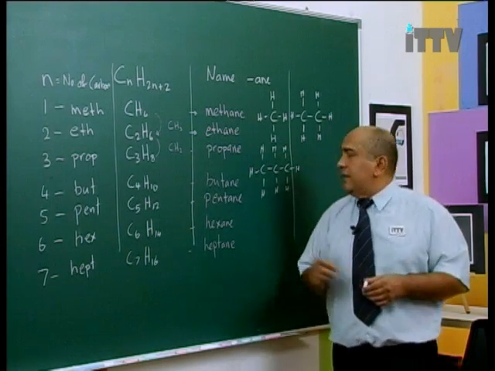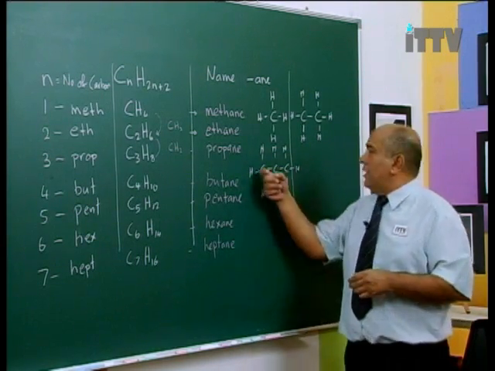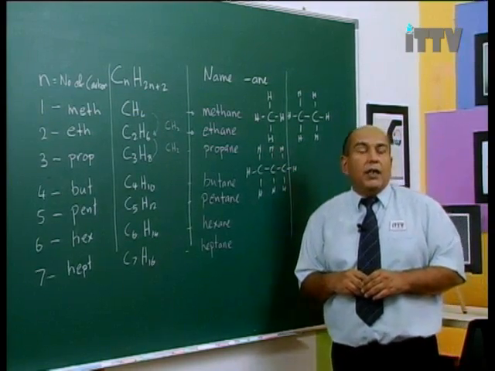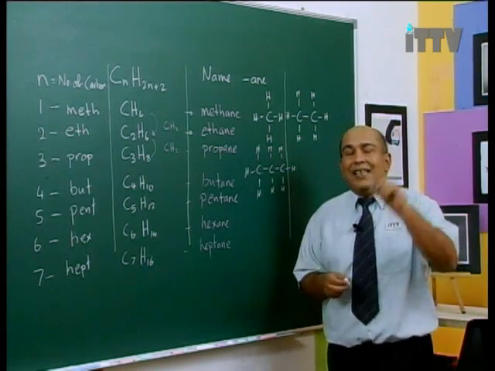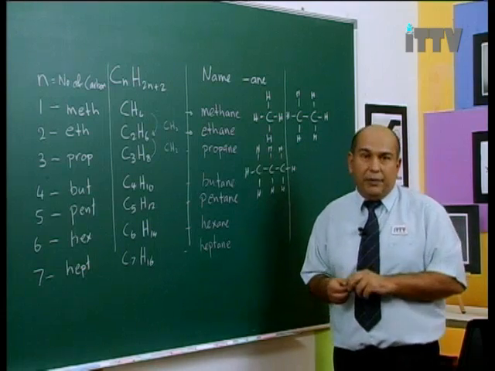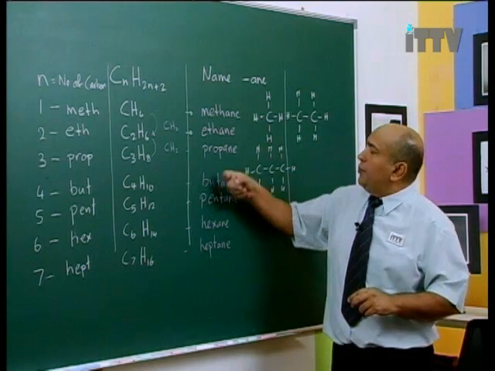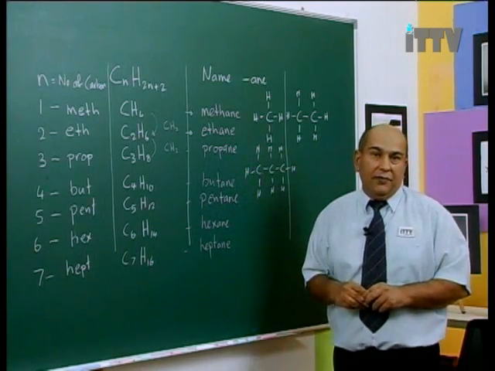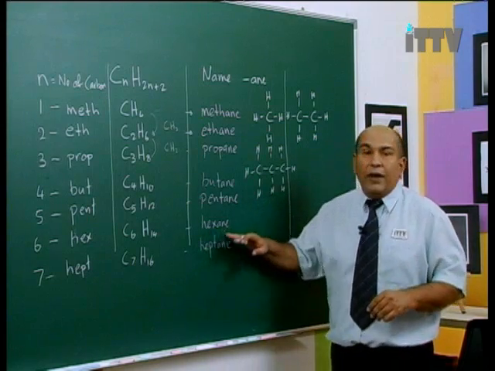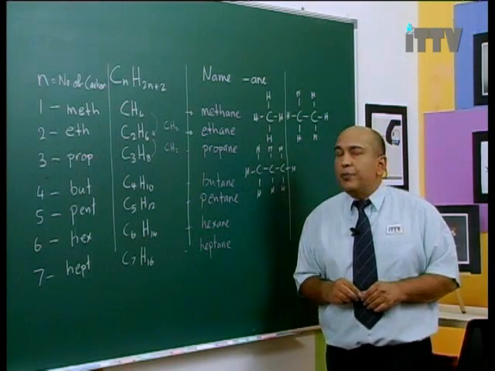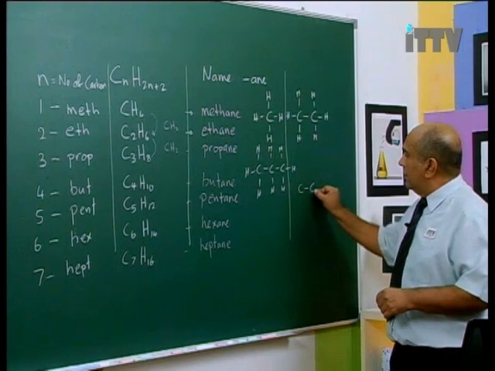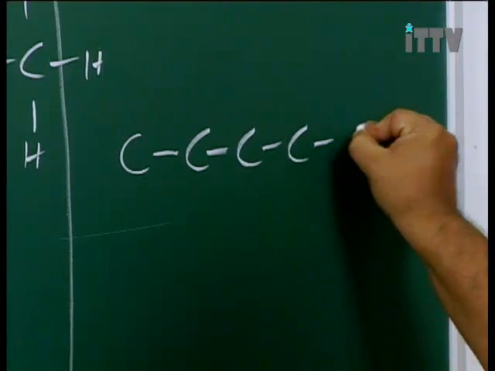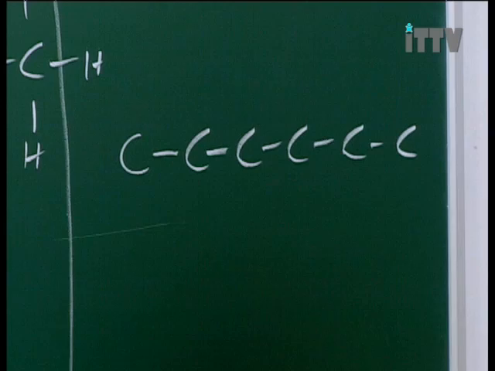Remember, these carbons that we are drawing normally are drawn as straight chains. They don't have to be a straight chain. What is essential is that the number of consecutive carbons is corresponding to the number of carbons you have. So let's take an example of hex. Hex is supposed to be 6 carbons. I could draw it like this: 3, 4, 5, 6.